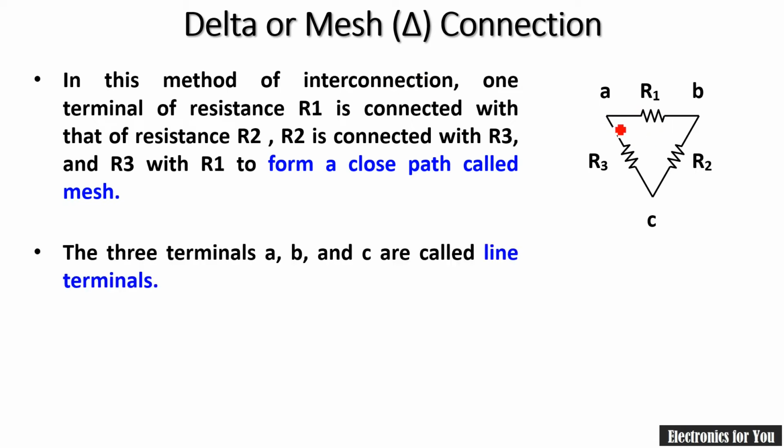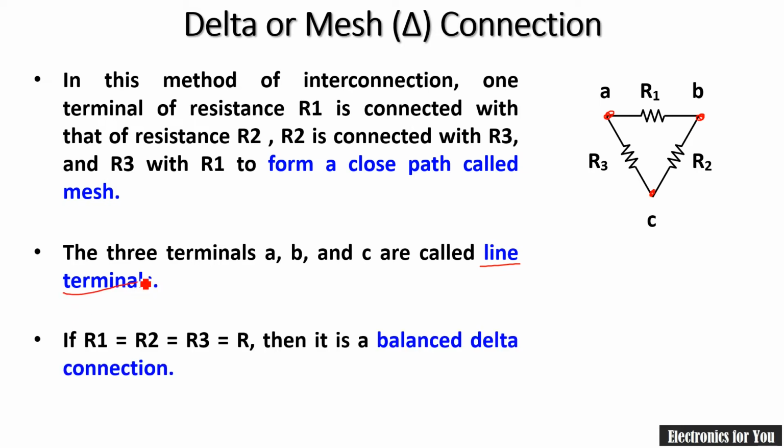Now the terminals A, B and C are also called as the line terminals again. And again, if R1 equal to R2 equal to R3 equal to R is there, means all the resistances are same, then such a network is called as balanced delta network, or we can call it as a balanced delta connection.